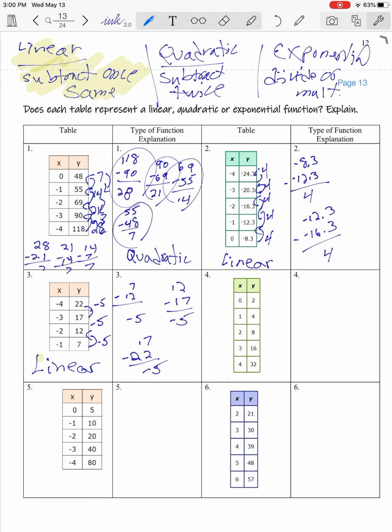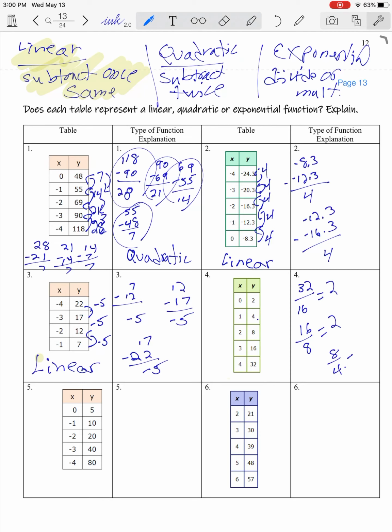Okay. Now, number 4, you can try. I would try subtracting first, but when you subtract, you notice the first time, 32 minus 16, you can subtract these, you're not going to get the same number. But when I look at this, I notice, well, what's 2 times 2? 4. What's 4 times 2? 8. And I could also try, what's 32 divided by 16? 2.